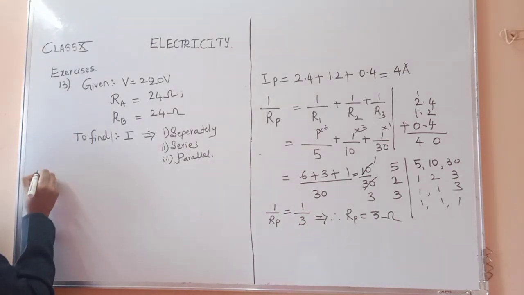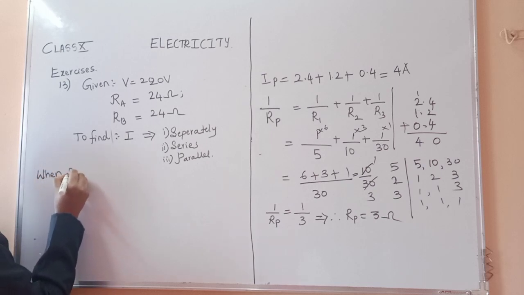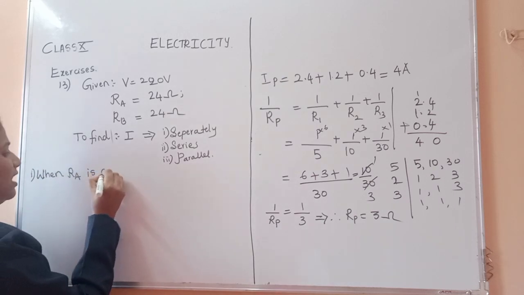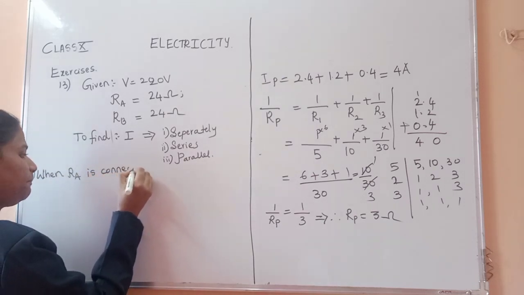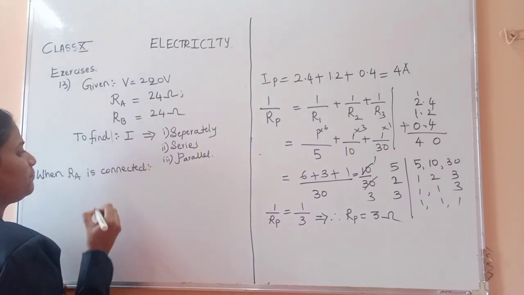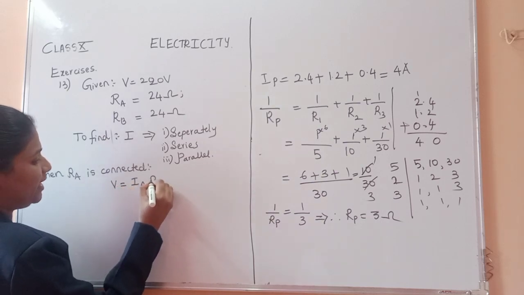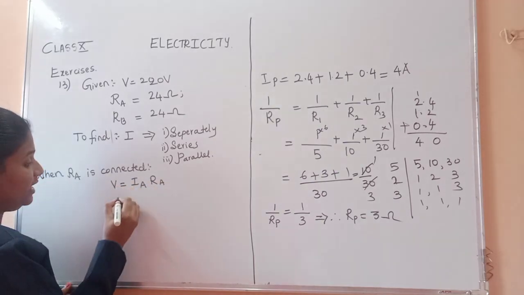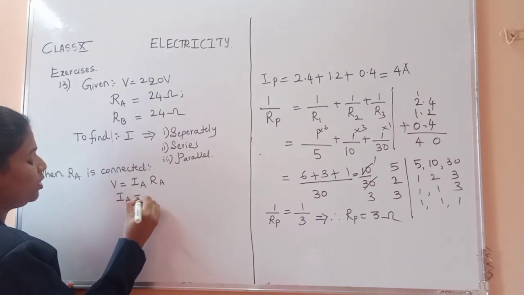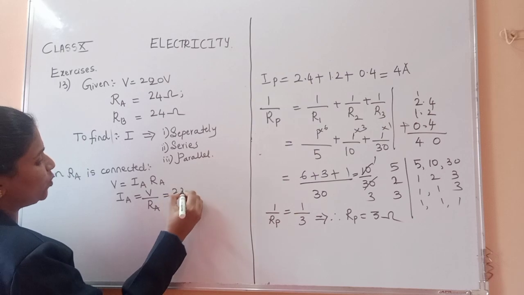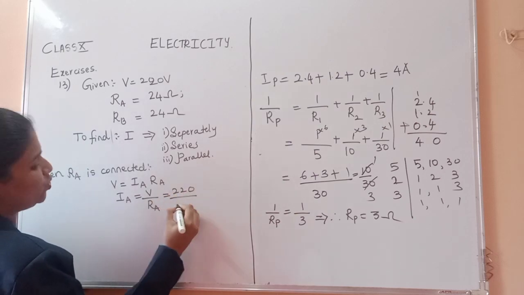So when RA is connected, this is the first one. When RA is connected, V is equal to IA into RA. So we want IA. IA is equal to V by RA. V is 220, RA is 24.